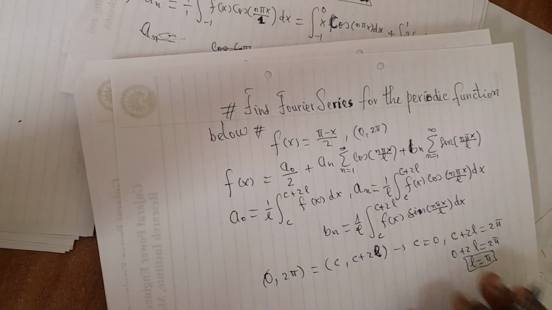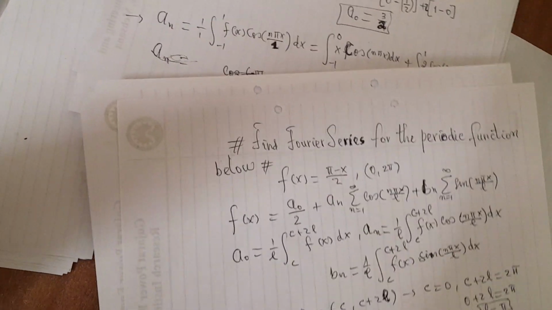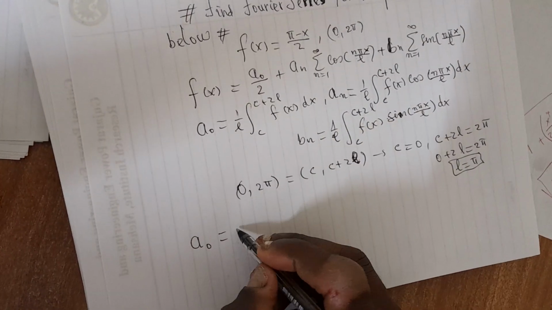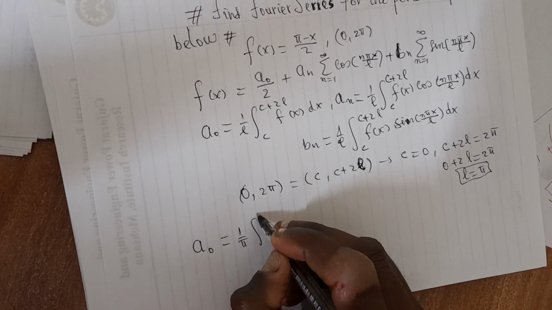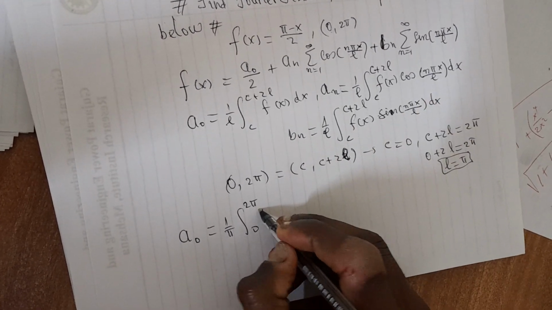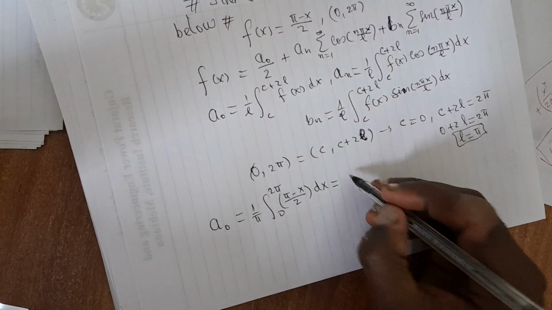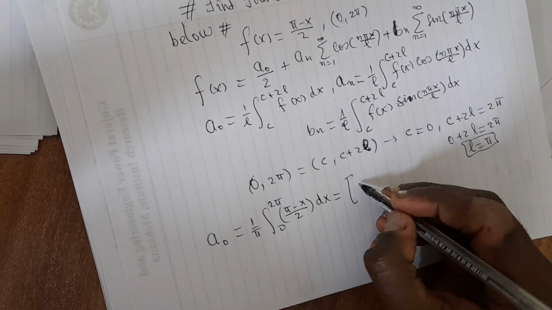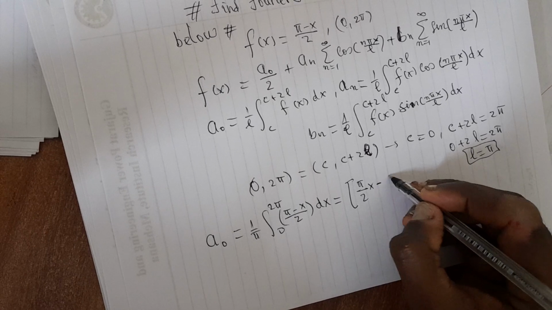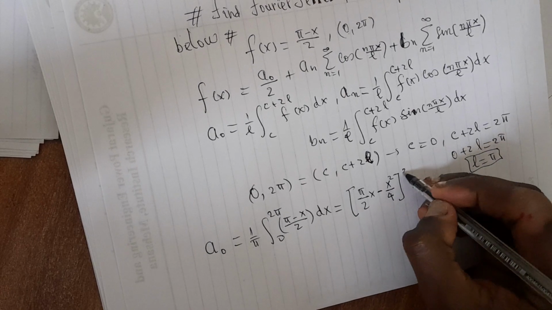Now that I have found L, let's go to find a0 directly. So a0 will be the integration of 1 upon pi, from 0 to 2 pi, of f of x. What is f of x? It is pi minus x upon 2, dx. Now we can directly integrate this. This will be pi by 2 x minus x squared by 4, between 0 and 2 pi.